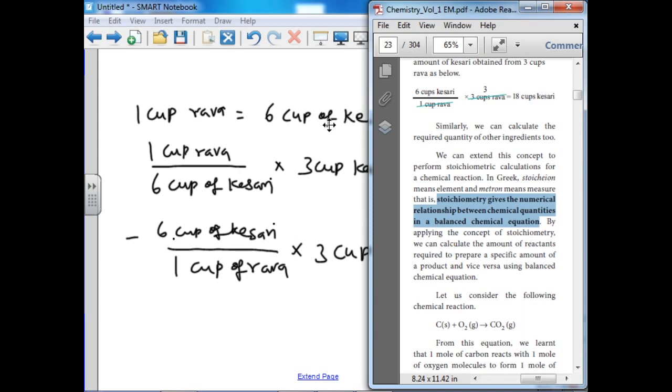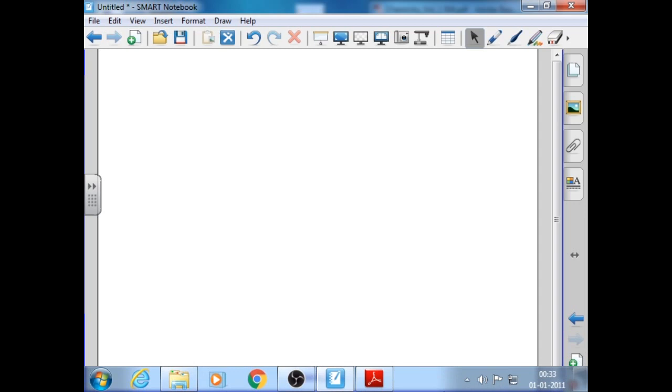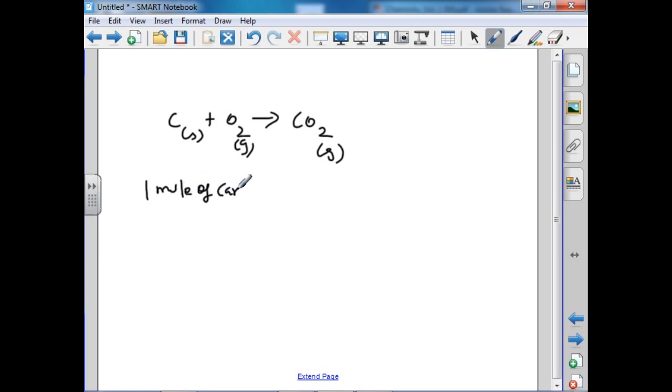For example, carbon reacts with oxygen to give carbon dioxide. From the equation, 1 mole of carbon reacts with 1 mole of oxygen to give 1 mole of carbon dioxide.